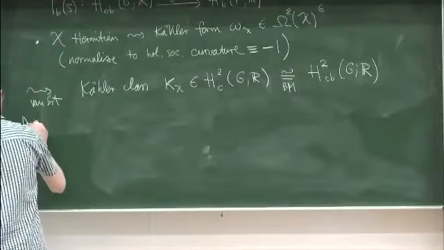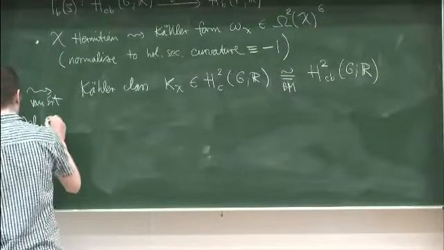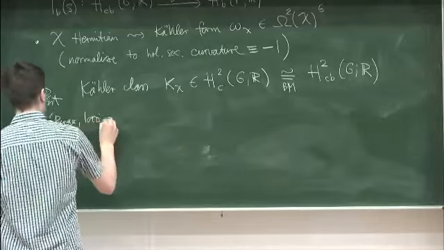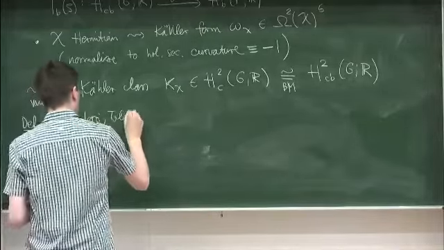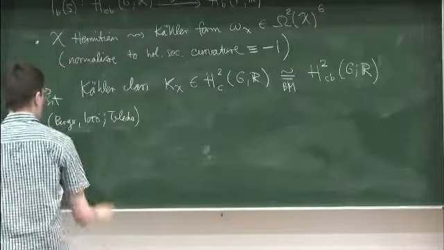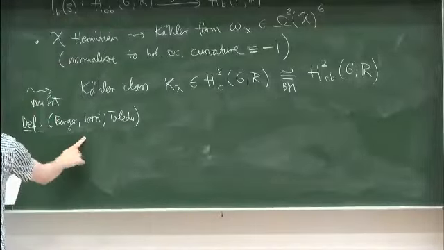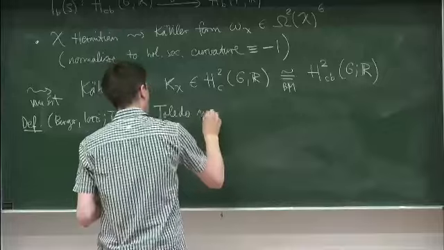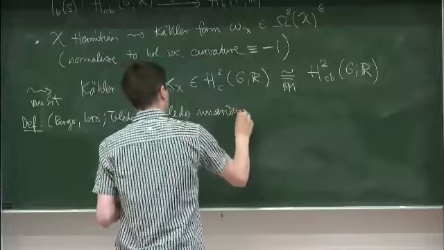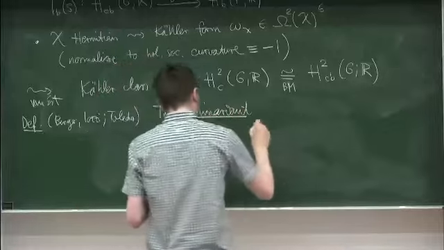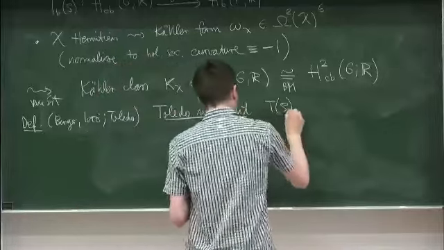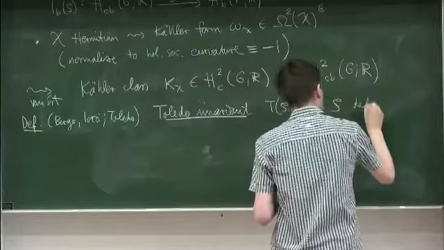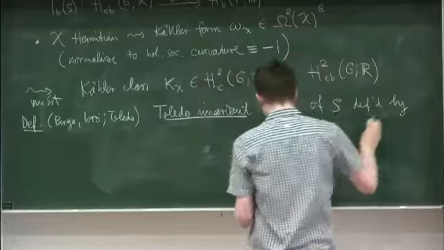So here's a definition. It's due to Burger, Iozzi, and Toledo. So this was some time ago, and this is very recent. The Toledo invariant T of rho is defined by the following relation.